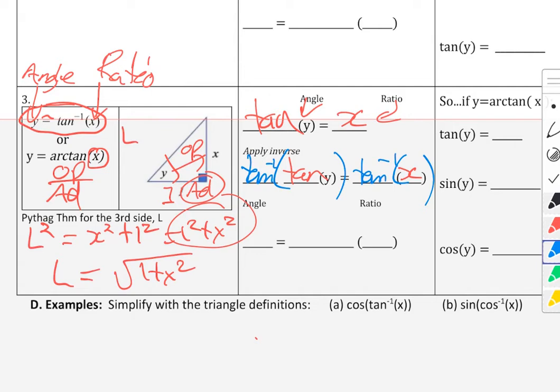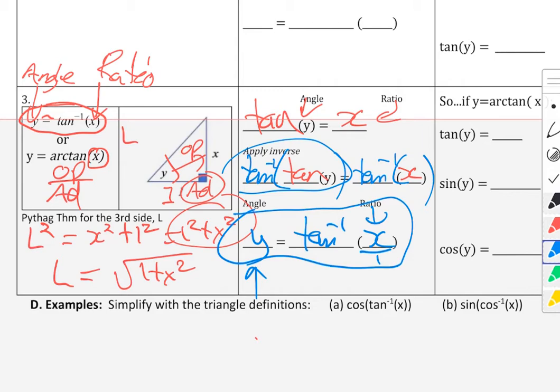So tan inverse of tan y is just y, and that means it's tan inverse of x. So a right angle triangle has an angle of y and a ratio of x over 1 for tan. That means this triangle is defined as having an angle y with a tan ratio of x over 1. That's how we read that.